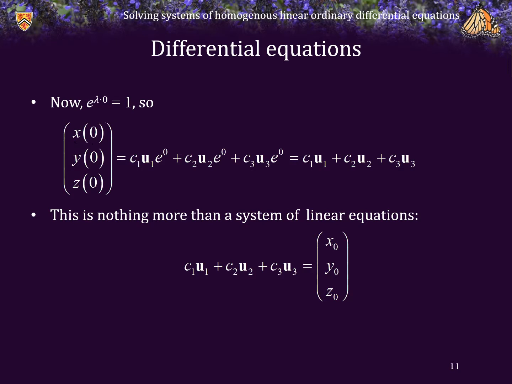Therefore, we simply have that a linear combination of the eigenvectors must equal this initial condition. But wait a second, that too is a system of linear equations. Therefore, we can solve that. That gives us the unknowns C1, C2, and C3, and consequently, we can find the exact solution.